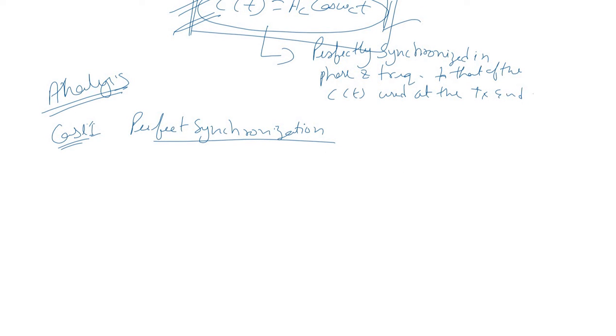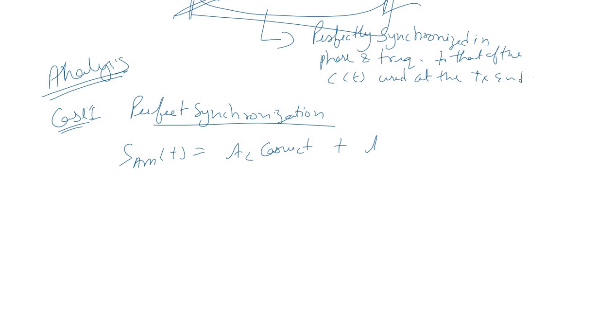Let us assume we take a conventional amplitude modulated or DSBC type of signal. We know the standard expression of that, and it consists of your carrier signal plus the multiplication of your message and the carrier, Ac m(t) cos omega c t.